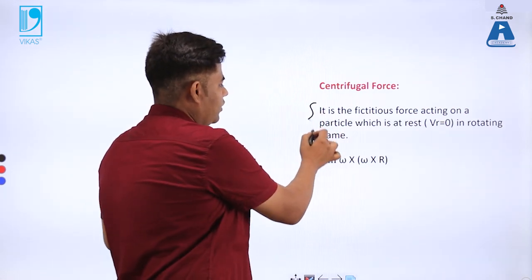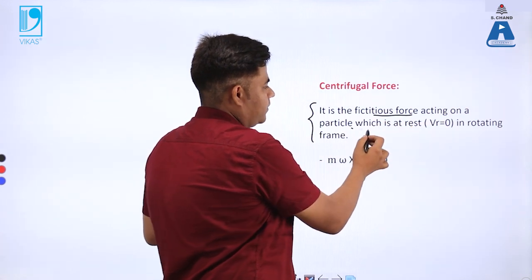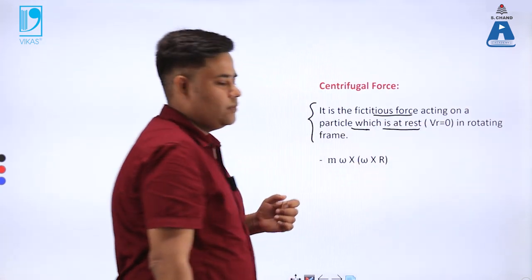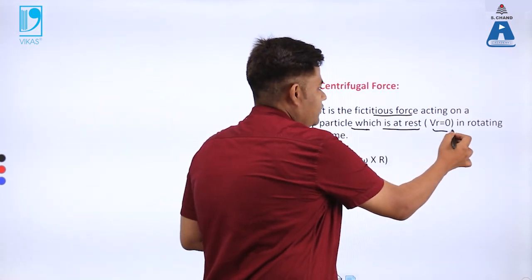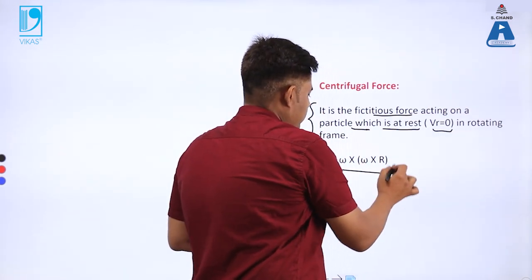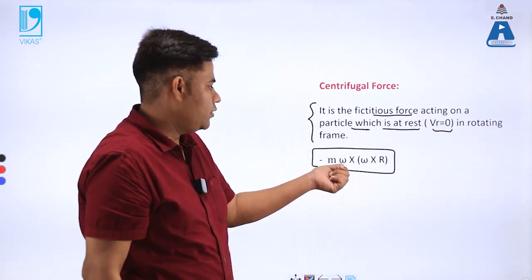So the definition is, it is the fictitious force which is acting on the particle which is at rest. That means v_r here would be 0, and the expression that I have already told is minus m omega cross omega cross r.